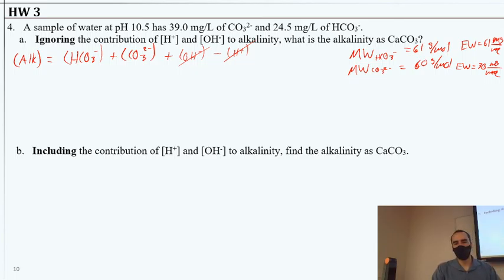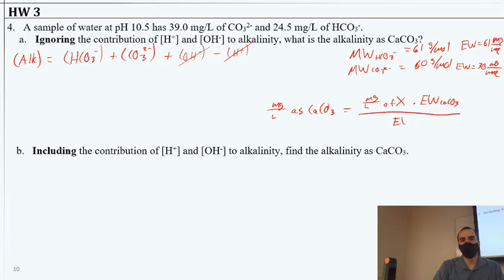And we need that because our equation to convert to as CaCO3 is essentially going to be taking milligrams per liter of X times the equivalent weight of CaCO3, which is 50, and divide that by equivalent weight of X. So that's our equation to convert from milligrams per liter of something to milligrams per liter as CaCO3.